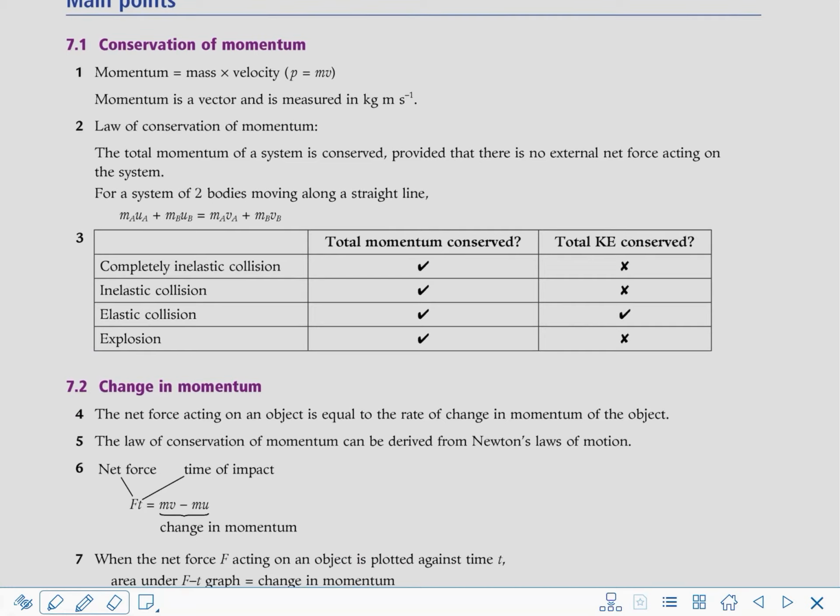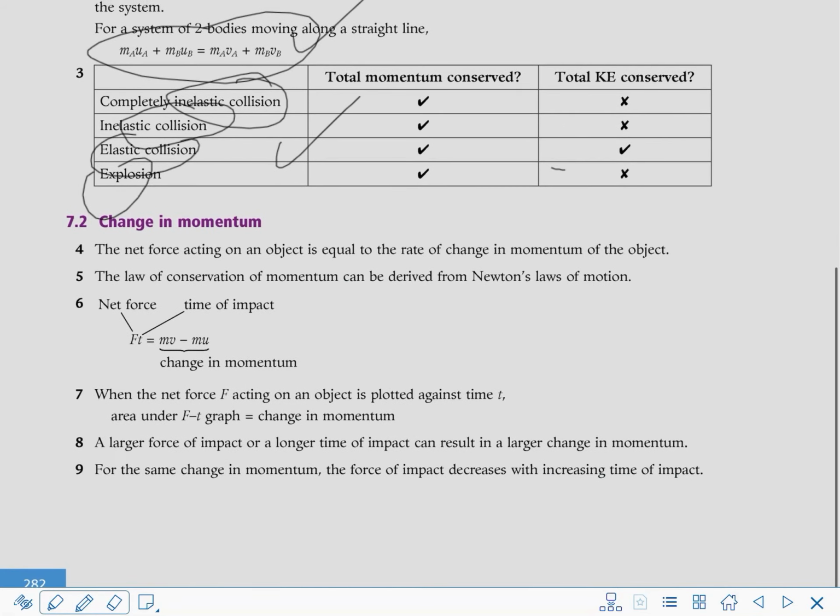In 7.1, you have learned momentum. You have learned conservation of momentum. There is an equation here. You have studied the types of collision. Momentum and change in momentum are two different things. Don't mix them up. You have learned two things in chapter 7. 7.1 is one point, 7.2 is the other: change in momentum.